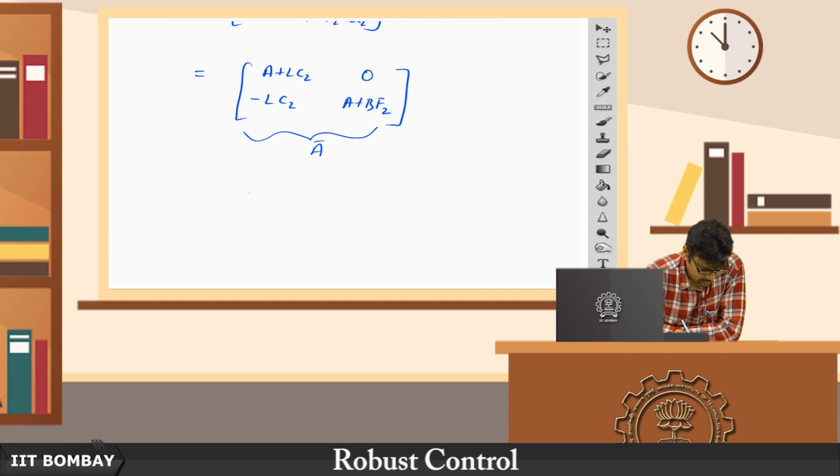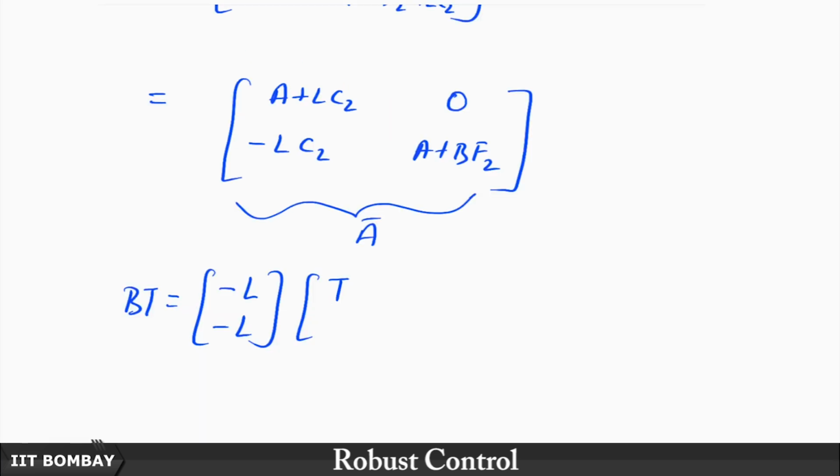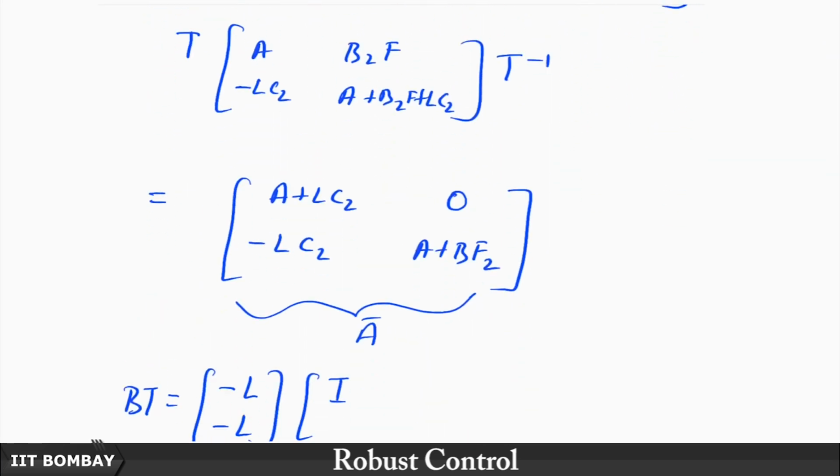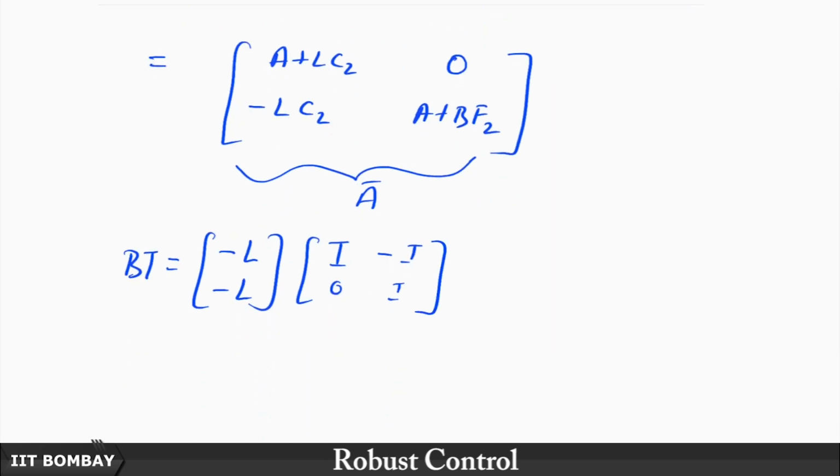Similarly, consider minus L, that is our B matrix. So consider TB.